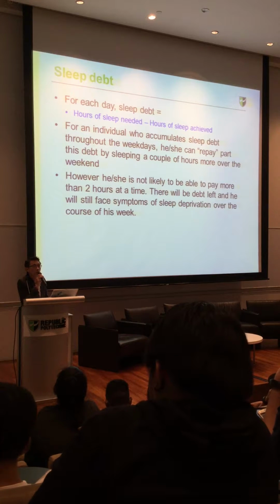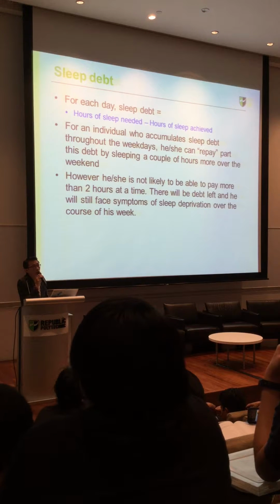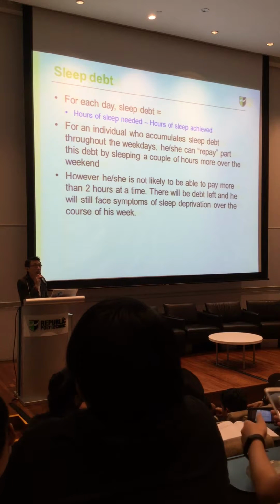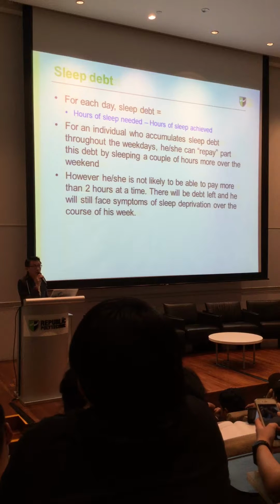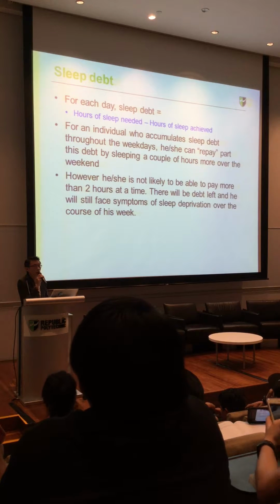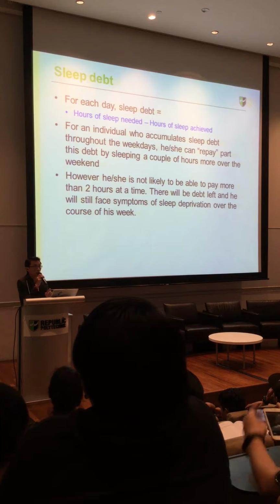How much sleep debt have you incurred? 8 minus 3, so that's 5. Everybody clear? As simple as that. The number of hours you need minus the number of hours you got equals the number of hours you owe. So that's sleep debt.